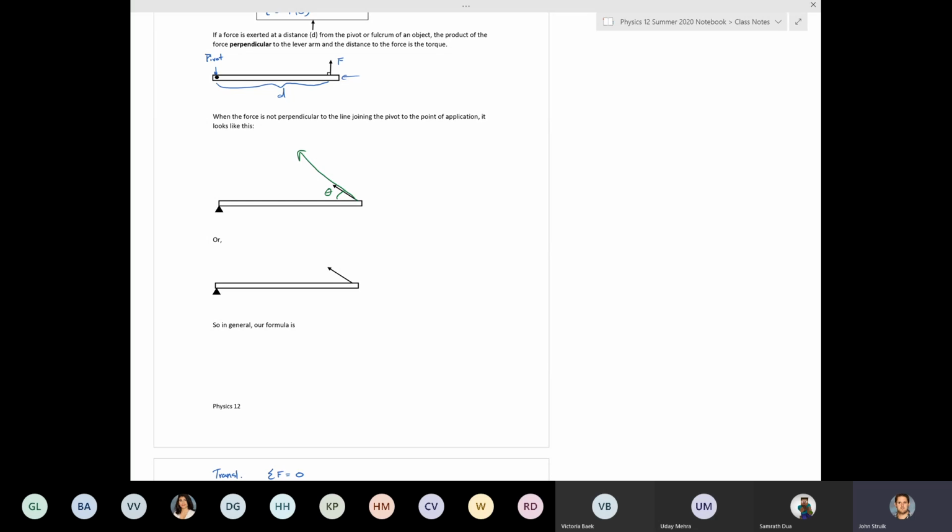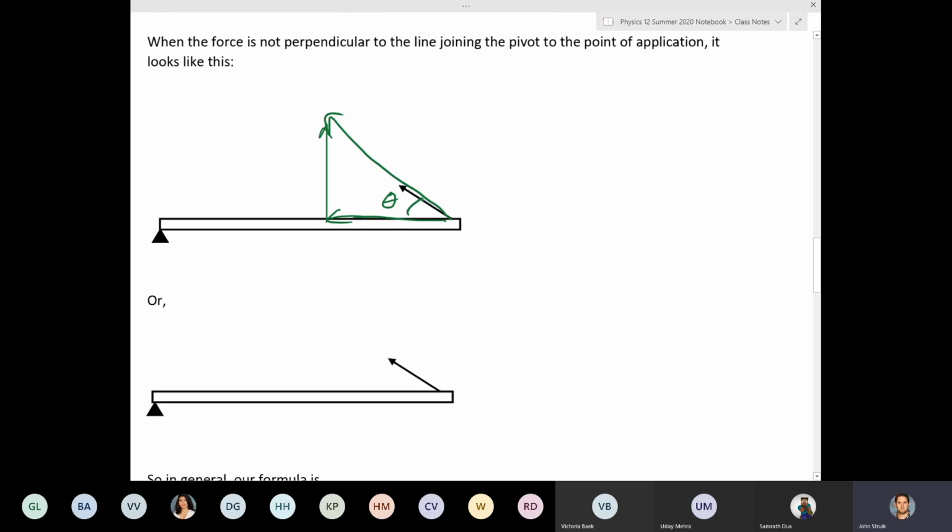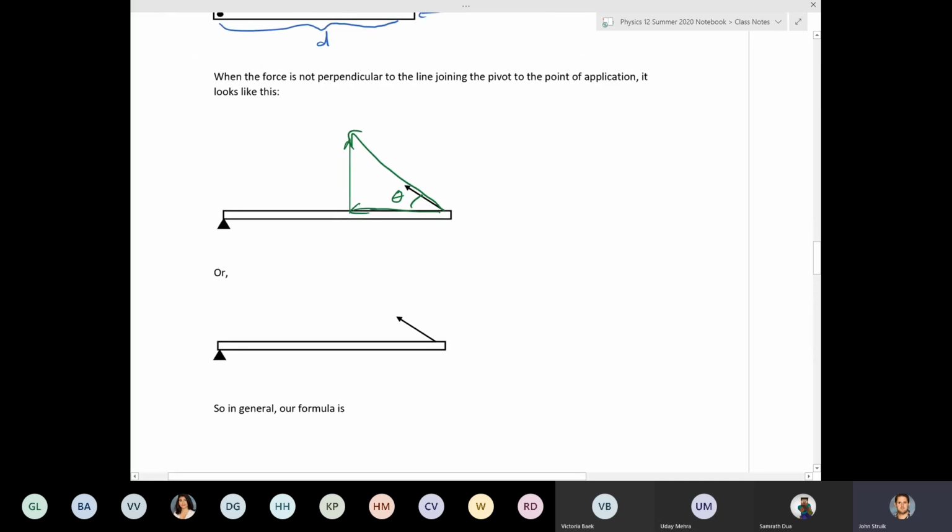You can either draw your components like this, where you're completing the triangle with theta. I'm not a big fan of doing that because then it looks like the force that's causing the torque isn't actually acting where the force is acting, because it's acting right here, not right here.